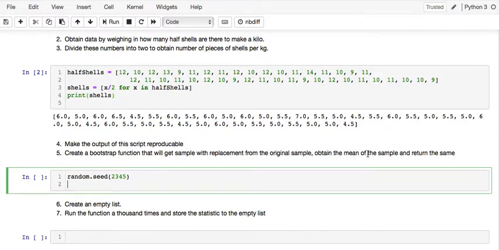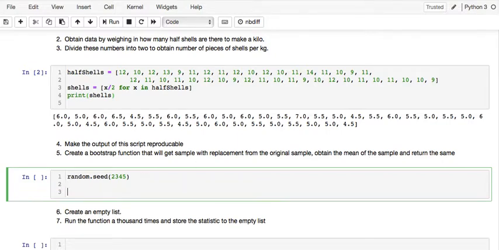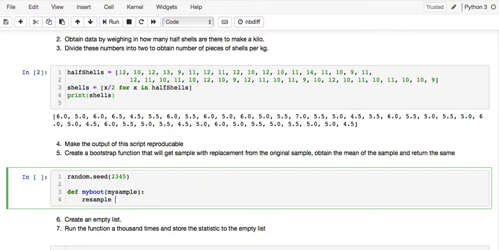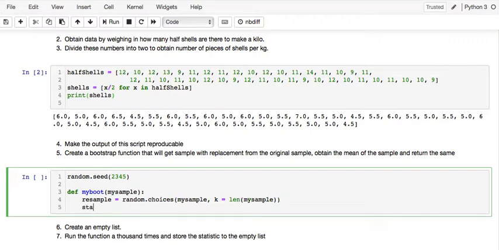Obtain the mean of the sample and return the same. This is a resample with replacement.